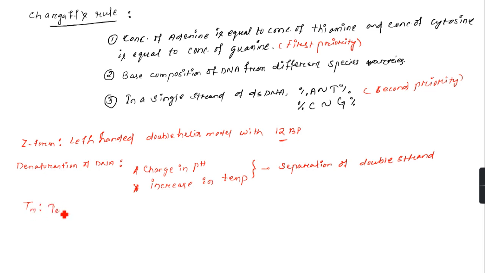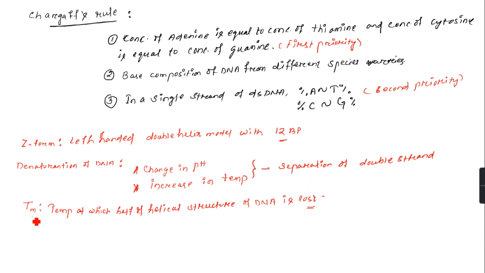What is it? The temperature at which half of the helical structure of DNA is lost. That temperature is known as Tm or melting temperature. Temperature at which half of the helical structure of DNA is lost. That is known as melting temperature.